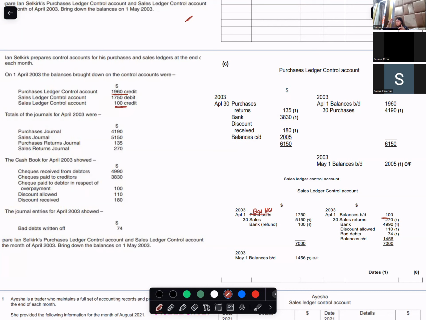Are you with me? Now the purchase journal. What does the purchase journal give you? Purchase journal shows you trade payables. Purchase journal means purchase day book. The total of this will give you credit purchases.